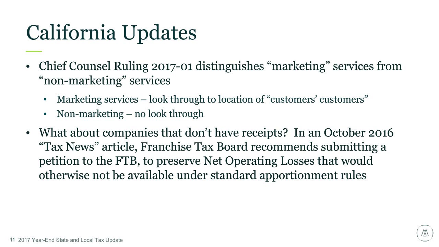In October of 2016, in the FTB's Tax News article, they suggested that startups that have no receipts should submit a petition asking for relief and asking for an alternative method of apportioning those losses that they have in their startup years.